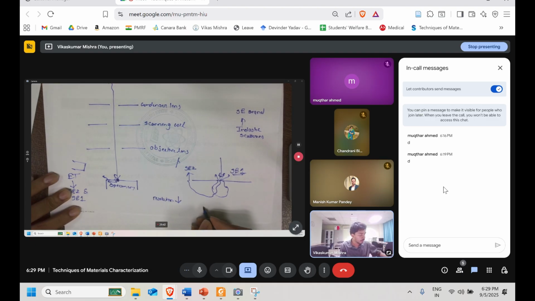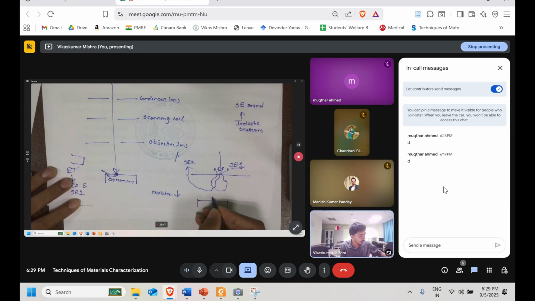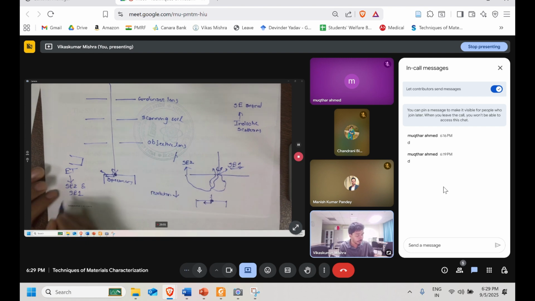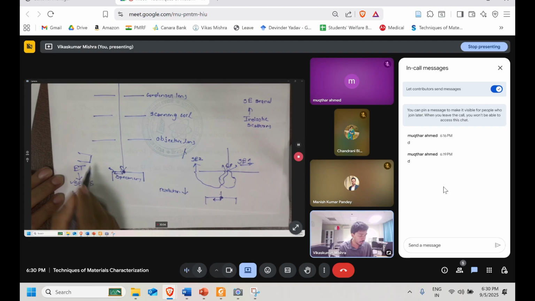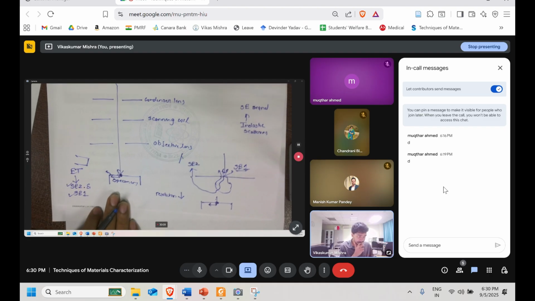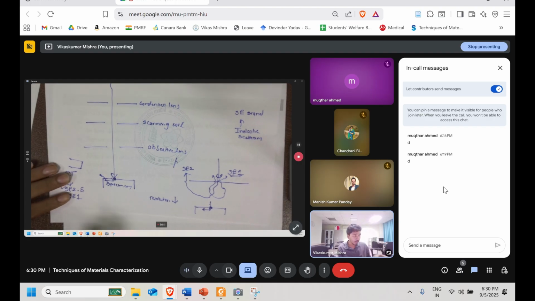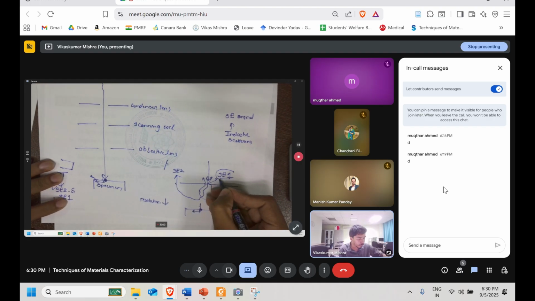We were thinking that we focus the electron beam on a small region, so we should get the signal from the small region itself. But instead, there is a spread. We are also getting the SE2 and also the SE1. So the ET detector I am using at an angle is going to decrease the resolution.